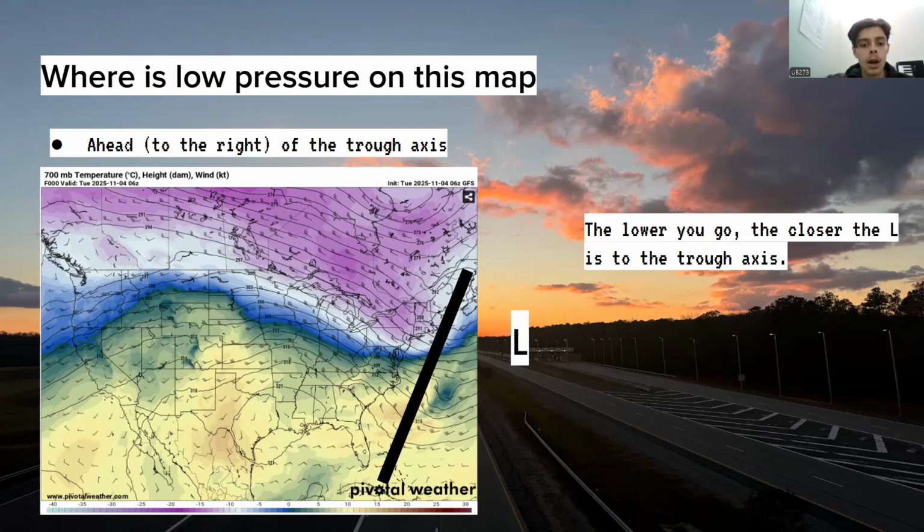They're related by the gas laws that you may have learned before. I'm not going to get into that, but that's why this works out like this, depending on what level you are in the atmosphere. In short terms, just know that the low is going to get closer to the trough axis as you get lower in the atmosphere.